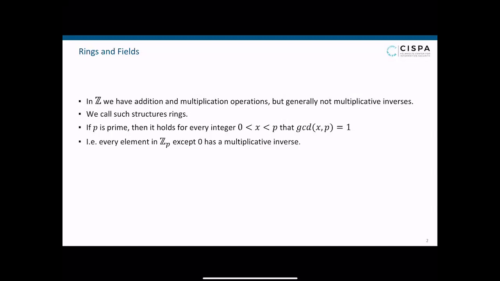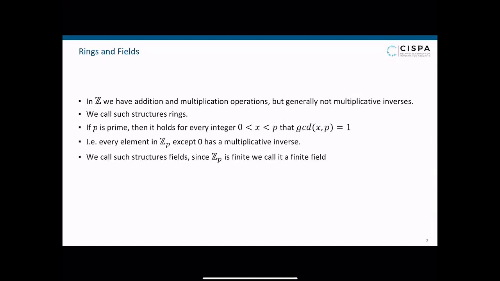So, since we've just seen that every element in Zn with GCD of x and n equal to 1 has a multiplicative inverse, that means in Zp, every element except 0 has a multiplicative inverse.